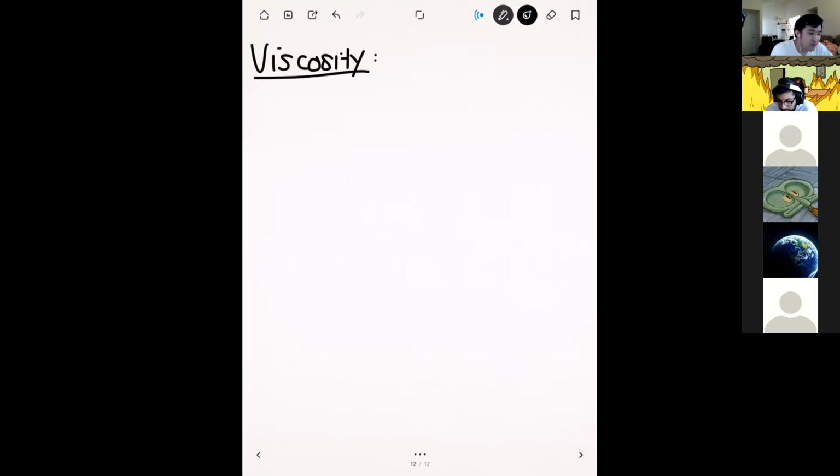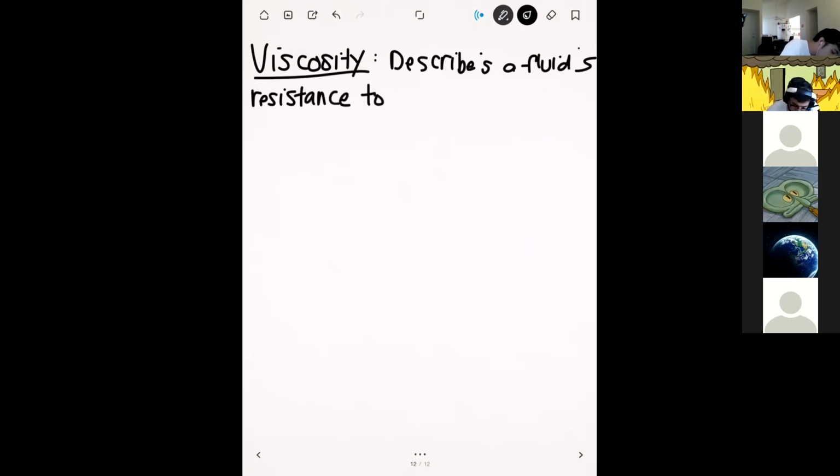Viscosity describes a fluid's resistance to flow. So fluids with high viscosity are much more difficult to get flowing than fluids with low viscosity. And just to give you a tactile feeling towards this, fluids with high viscosity tend to feel stickier or thicker.